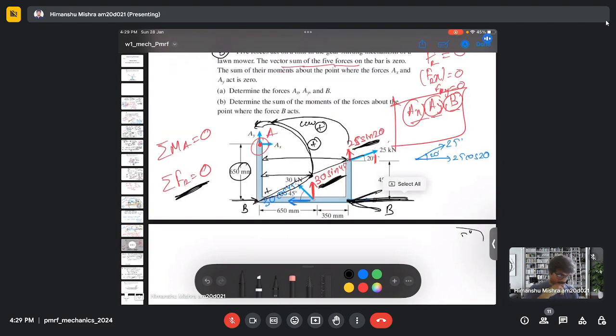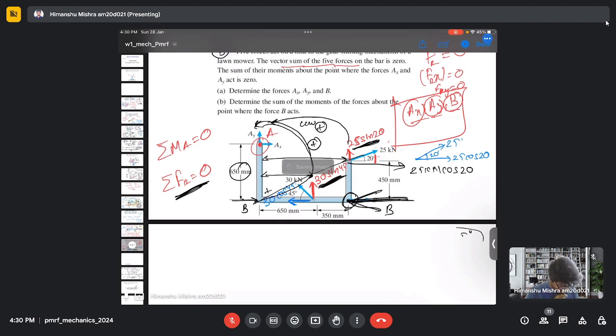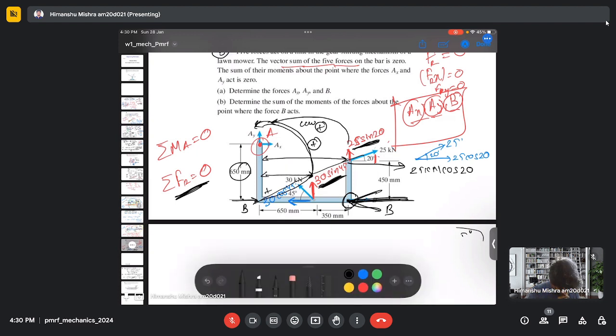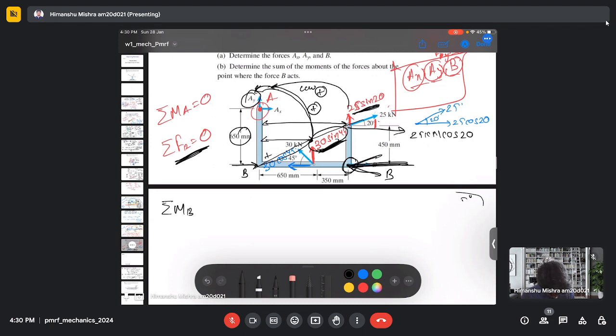So in the second part, we need to calculate the moment about this point. So the component will be this 25 kilonewton cos 20, and then there will be AY, which is creating the moment, and there is 30 sine 45, which is actually creating the moment here. So the moment about B will be given as.